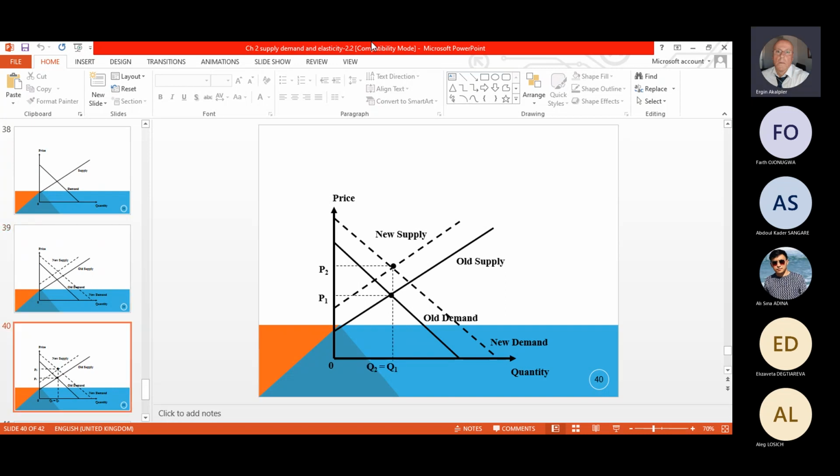You see, the quantity stays intact, but the price changes because demand is affected by this new supply and becomes similar.